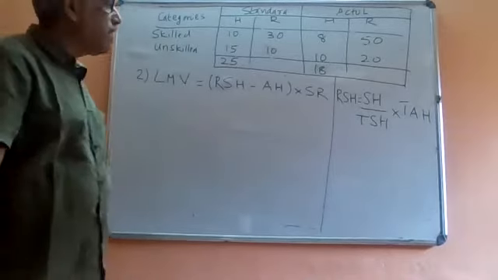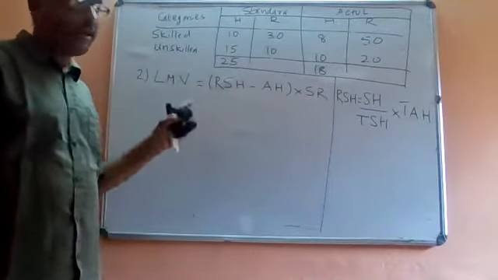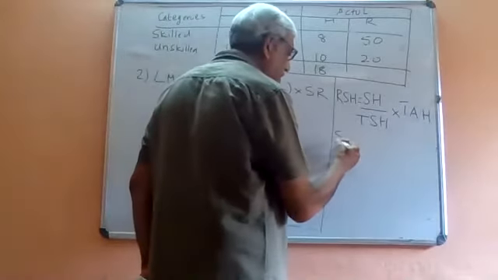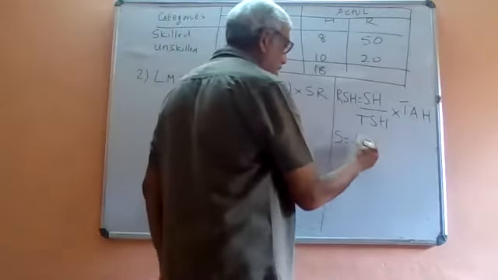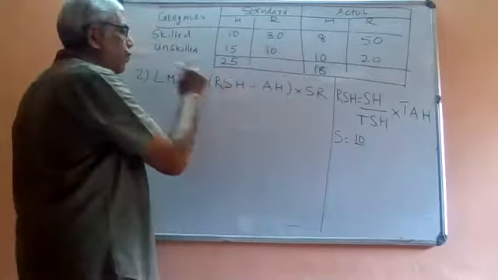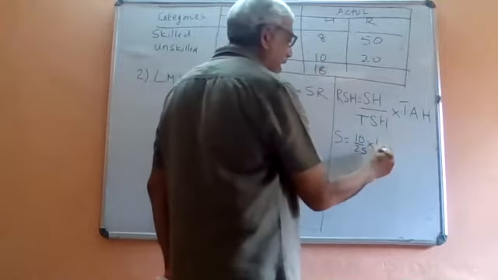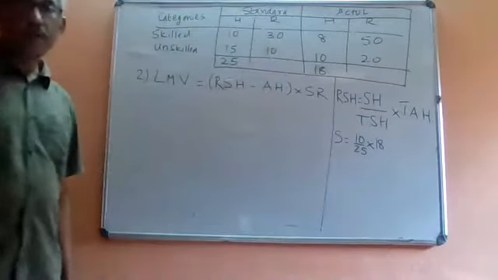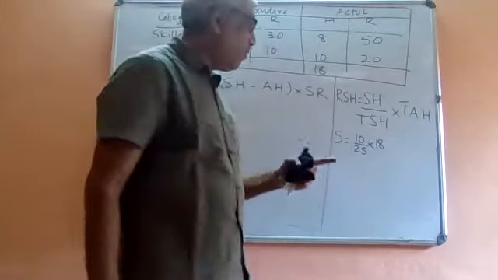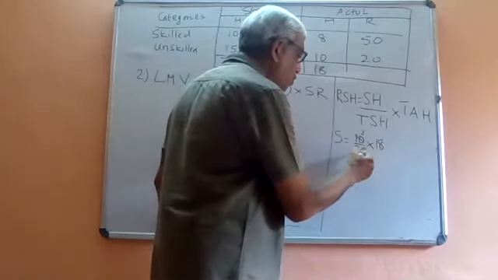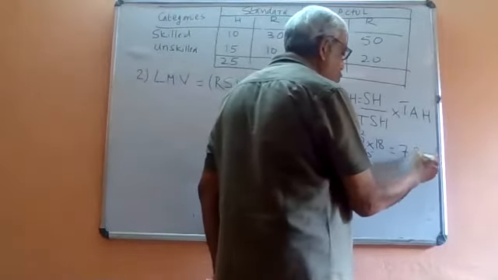First, we must calculate the revised standard hour for skilled and unskilled. For skilled, the standard hour is 10, total standard hour is 25, and total actual hour is 18. So it becomes 10 into 18 is 180 by 25, or 36 by 5, which is 7.2.